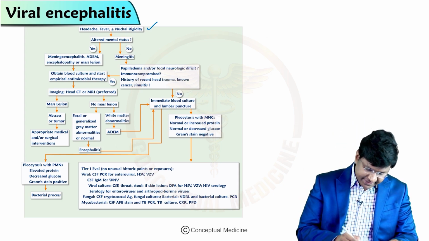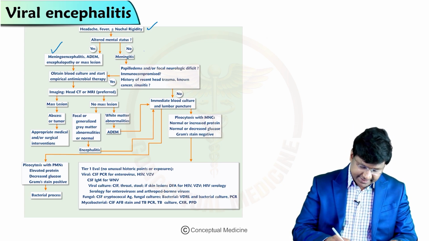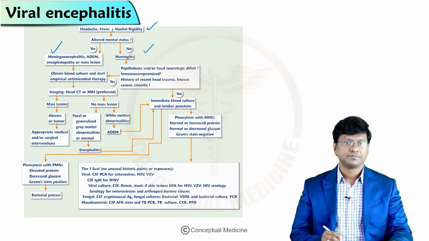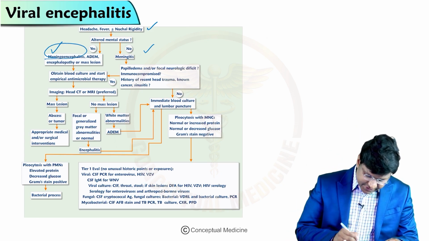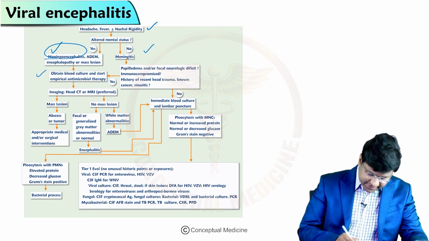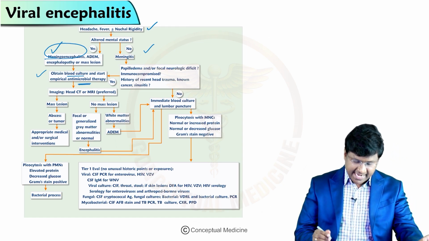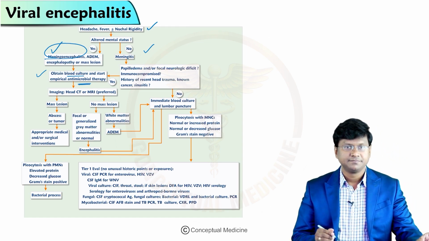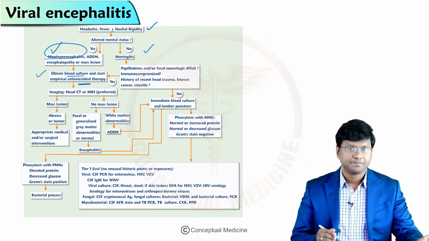If there is altered mental status, yes, it is meningoencephalitis, and if there is no altered mental status, then it becomes meningitis. Then, if it is meningoencephalitis, the next important thing you need to do is obtain the blood culture and start empirical antimicrobial therapy, right?